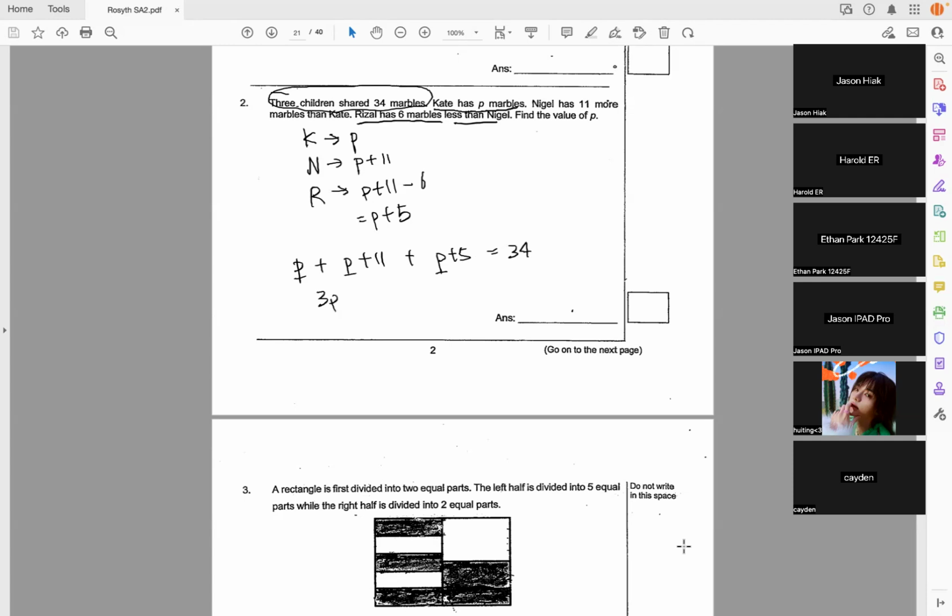So this is 3P plus 11 plus 5, which will be equal to 34. 11 plus 5 is 16, so 3P will be equal to 34 minus 16. 34 minus 16 is 18. The question asks for the value of P. So if 3P is equal to 18, therefore P will be equal to 18 divided by 3. Answer is 6.